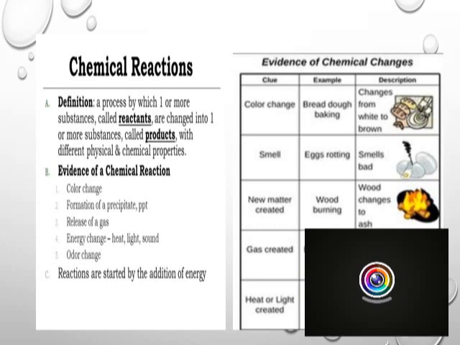To know whether a reaction is taking place or not, we have to see the different changes in the reaction. There may be a change in color, or the formation of precipitates. These precipitates are insoluble solid particles. Then there may be a release of a gas.